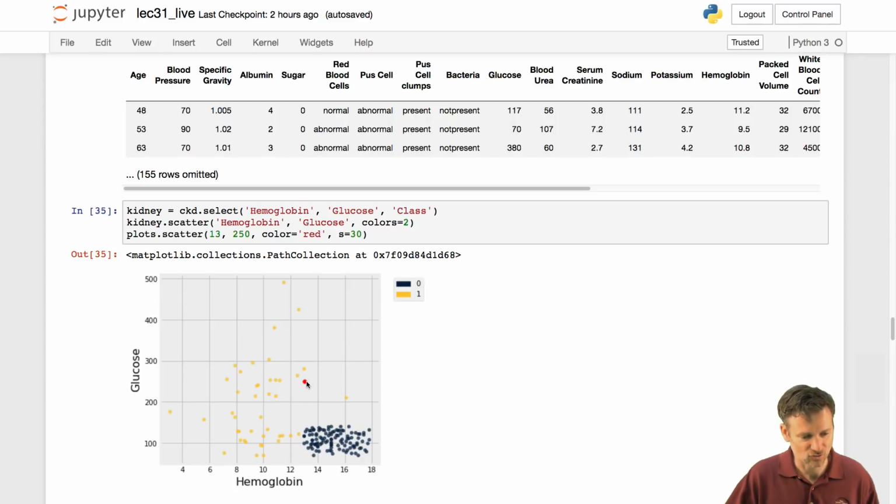And if you imagine this red dot here being a new patient that we want to make a diagnosis of, how would the nearest neighbor classifier do that? Well, it would find the nearest neighbor in the training set. Find the most similar historical patient.